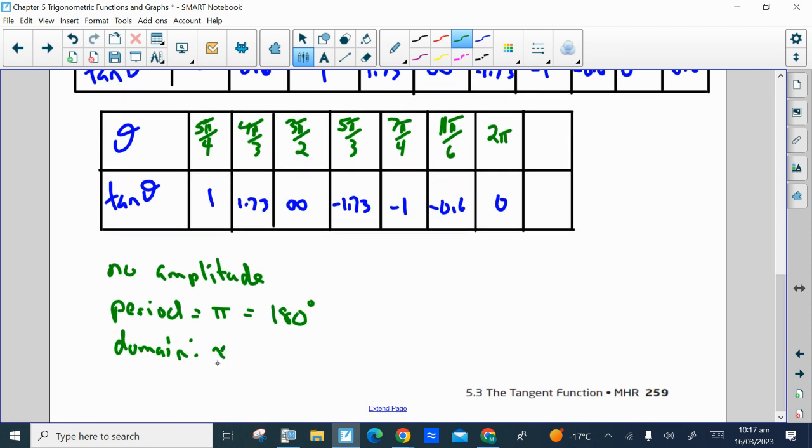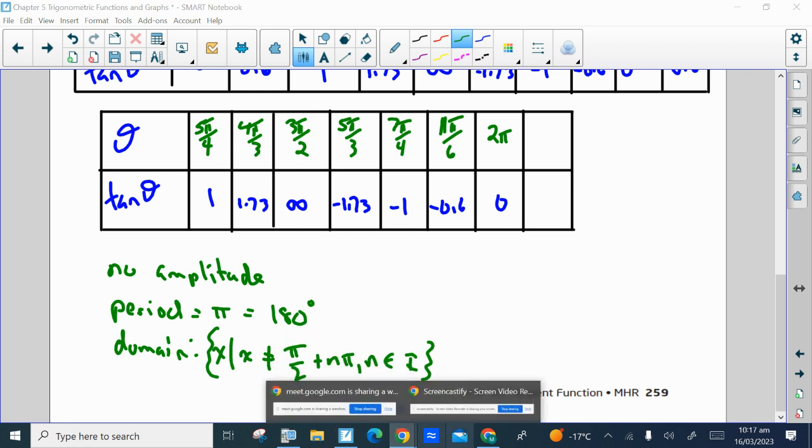So the domain for this is all values of x such that x cannot equal pi on 2 plus n pi, where n is an element of integers. Can't really state the domain using interval notation. You have no choice but to use set notation for this.